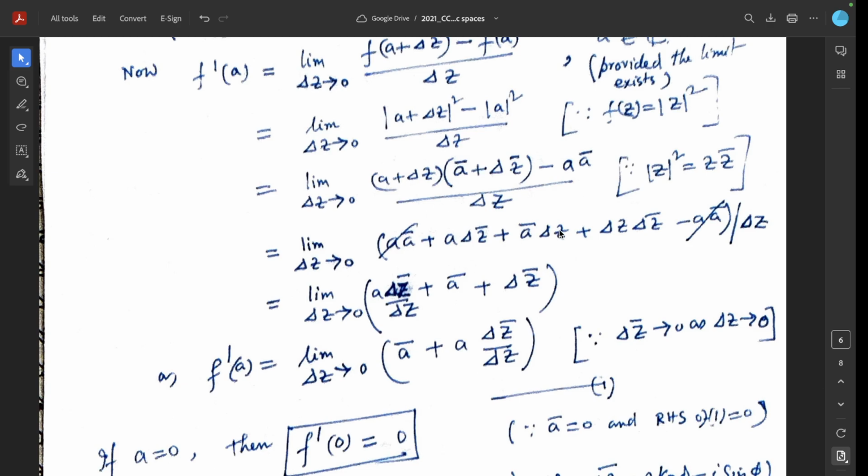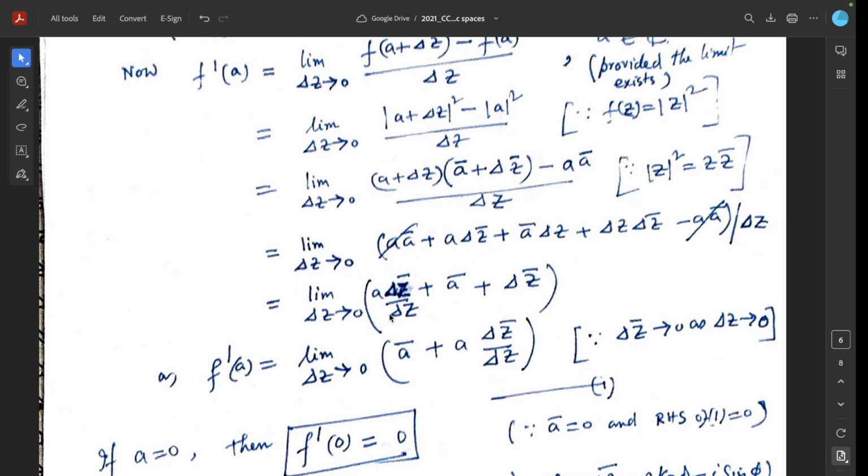After simplifying, we get a bar plus a delta z bar, a bar delta z plus delta z delta z bar, minus a a bar. Cancel this a a bar and divide by delta z.